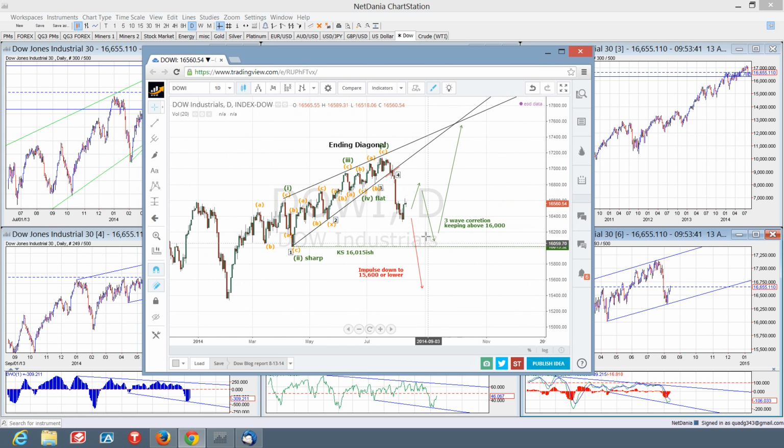If, however, we see a larger bounce up in the price of the Dow, possibly up into 16,800 or higher, and then another drop down that is able to survive above 16,000 in a three-wave pattern to the downside, so we basically have an A, B, C to the downside in a corrective three-wave pattern, that would increase the possibility that we could still see a higher high in the index into October, possibly up to 17,400 or higher.